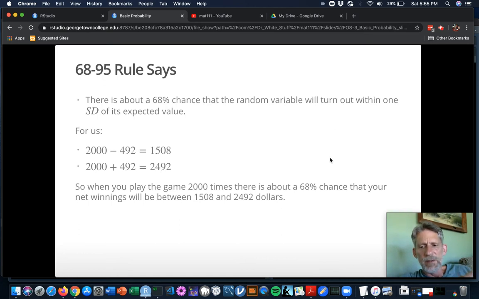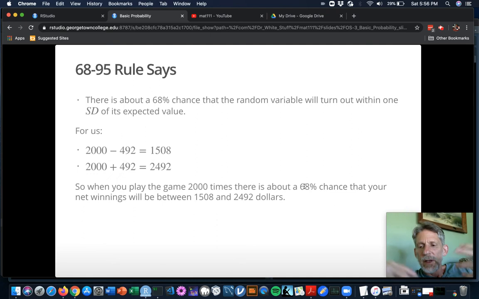And remember that 68-95 rule says that if the distribution of this sum is roughly bell-shaped, then there's about a 68% chance that the random variable is going to turn out within a standard deviation of its expected value. And so if I take the expected value minus the standard deviation, you get 1508. The expected value plus the standard deviation, you get 2492.